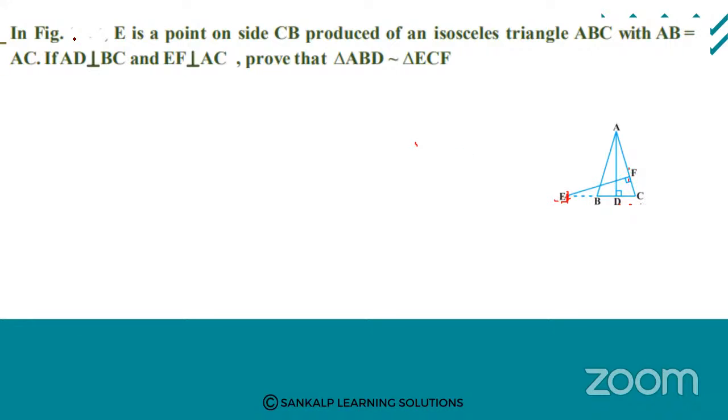Then see here, E is a point on the CB produced of an isosceles triangle. That means ABC is the isosceles triangle. In an isosceles triangle, two sides are equal.